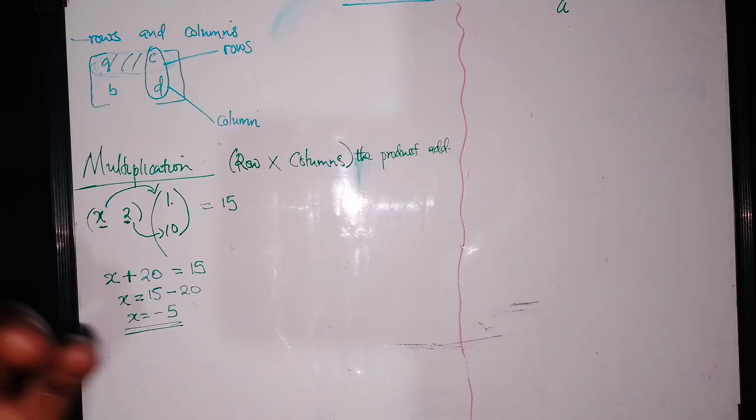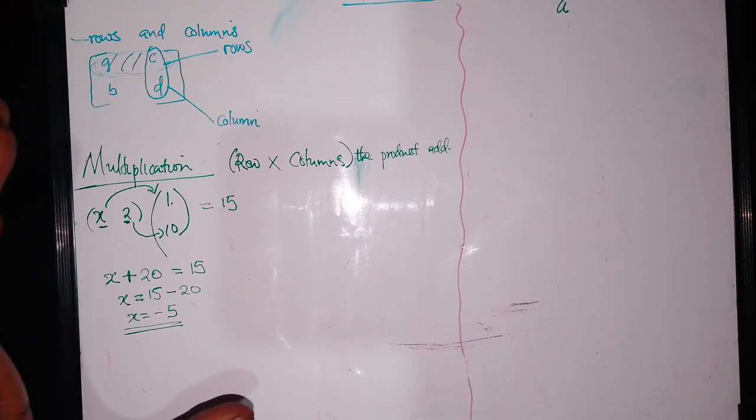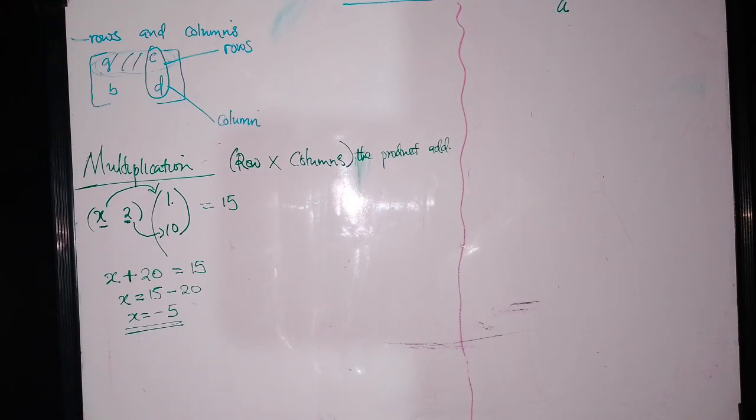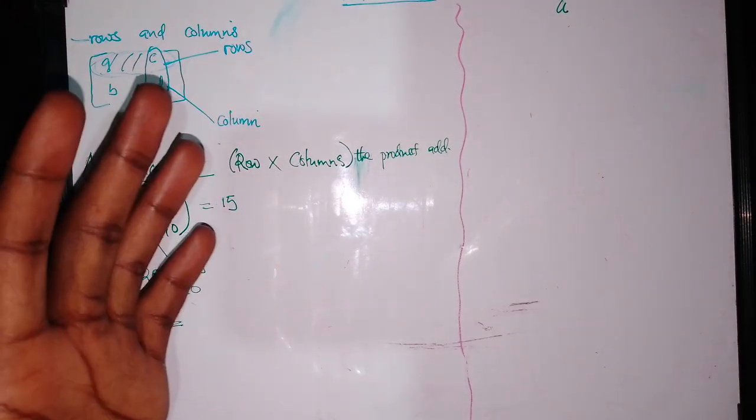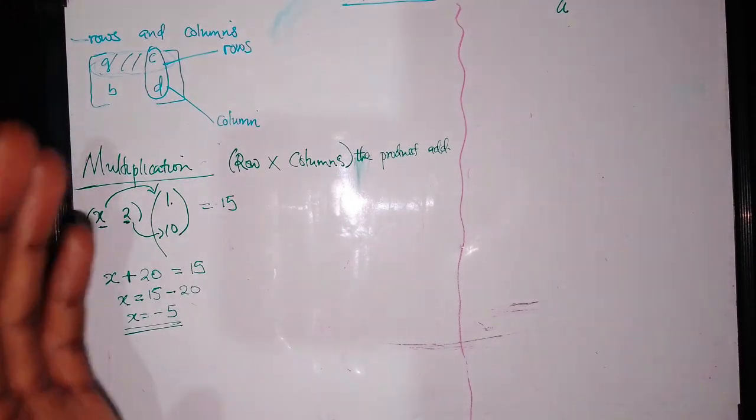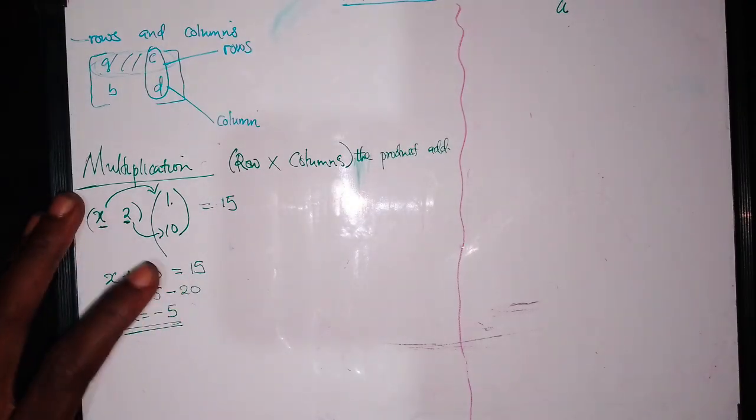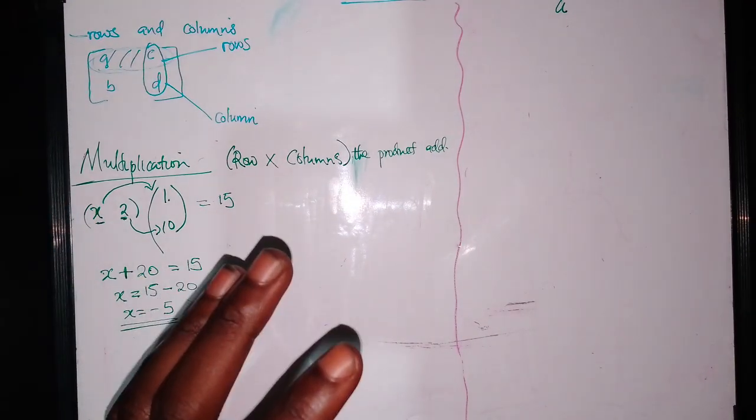So I've covered multiplication, addition, subtraction, and the order of matrix. Now moving on to our final part of matrix, which is the important part for you to solve paper 2.